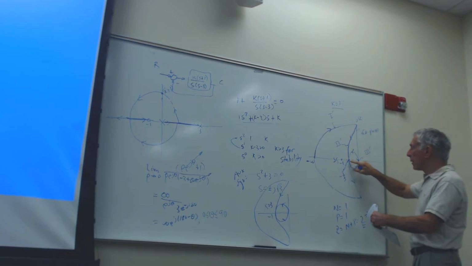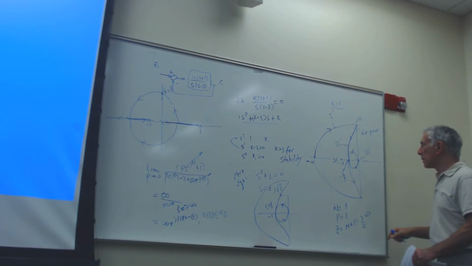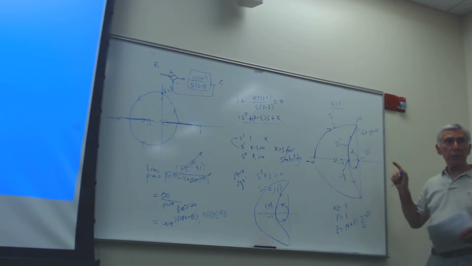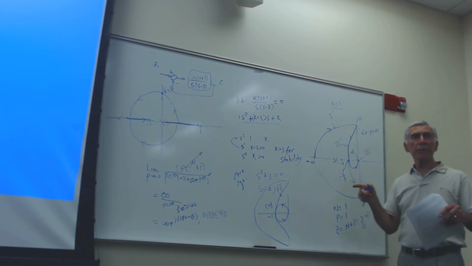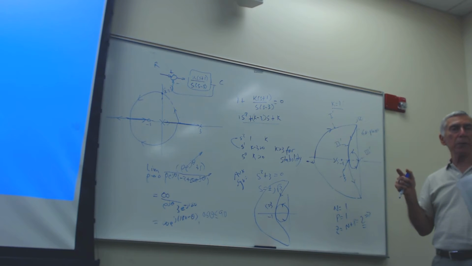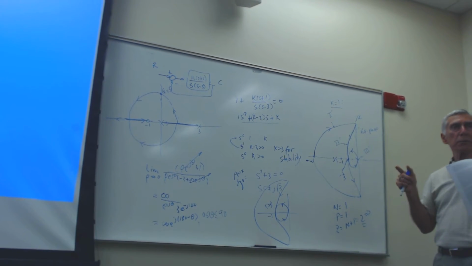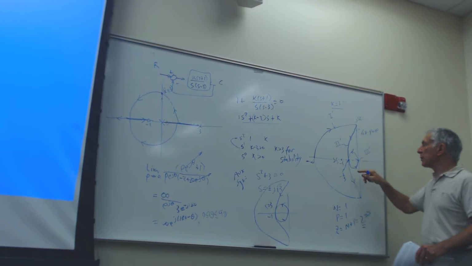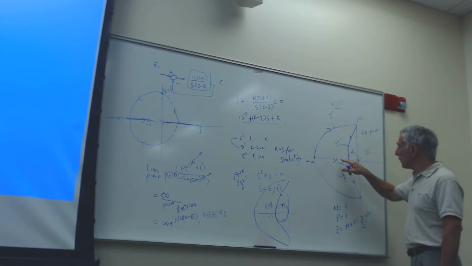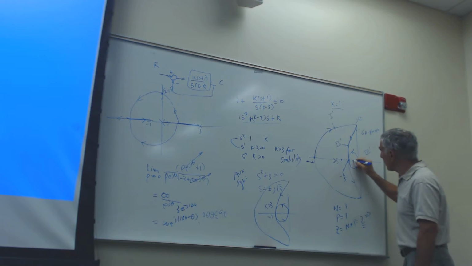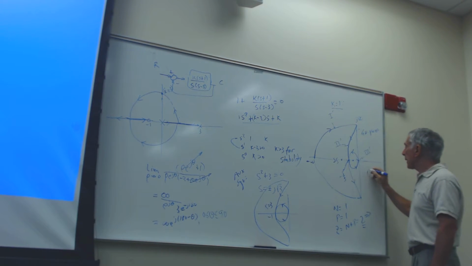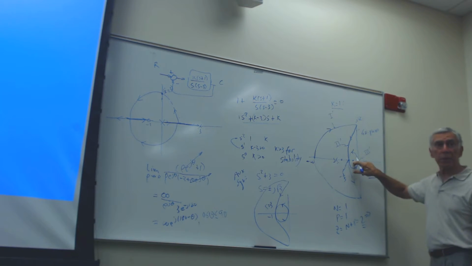To the left. If k becomes equal to 2, then this -1 point will be enclosed. So the -1 point will go inside there. For any value k less than 3, this is the situation.